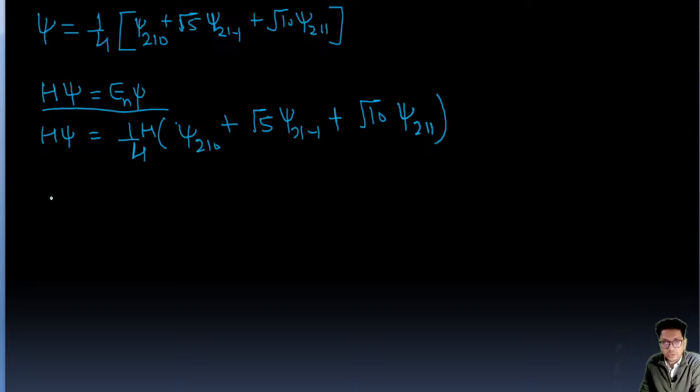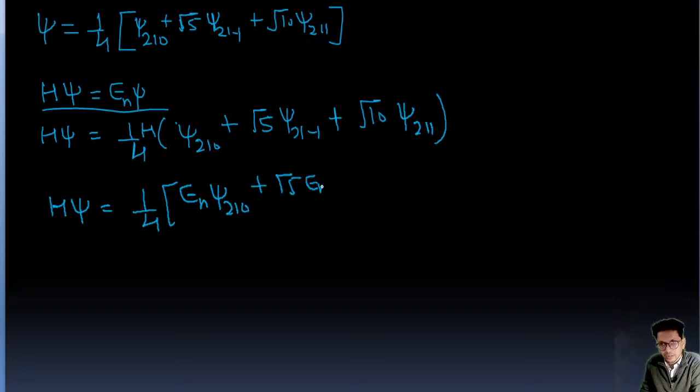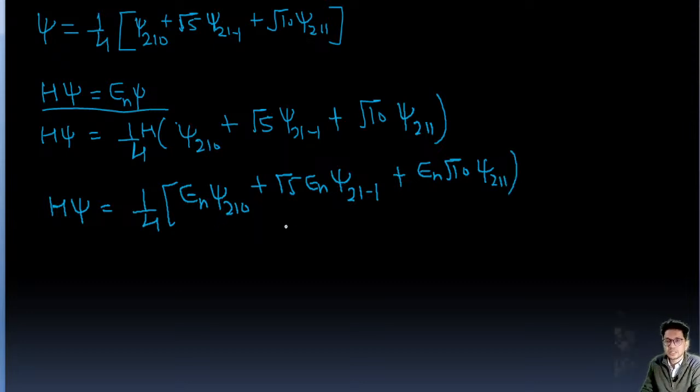Okay, so this is going to be H psi equal to, we'll operate H with this, so it is going to be 1/4 En psi 210 plus root 5 En psi 21 minus 1 plus En root 10 psi 211. Okay, and we can see that E depends only on n, the principal quantum number.